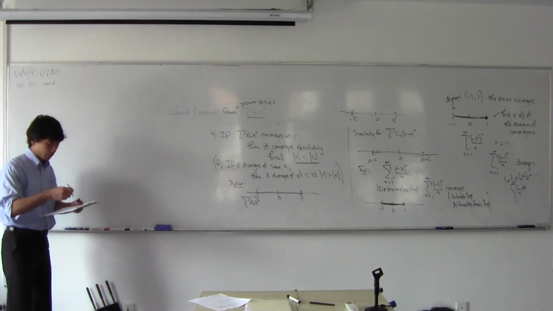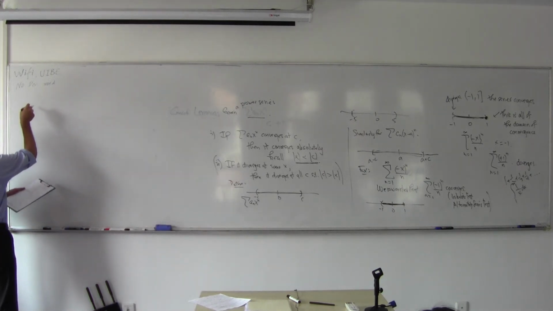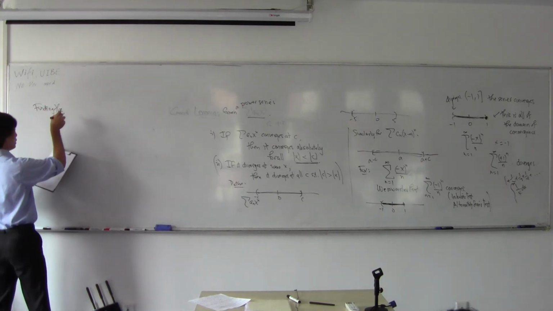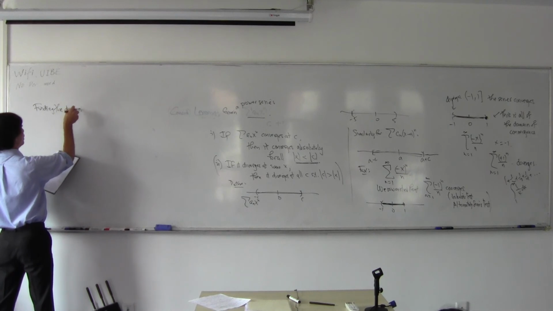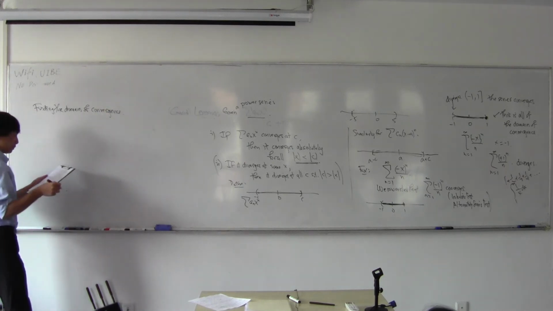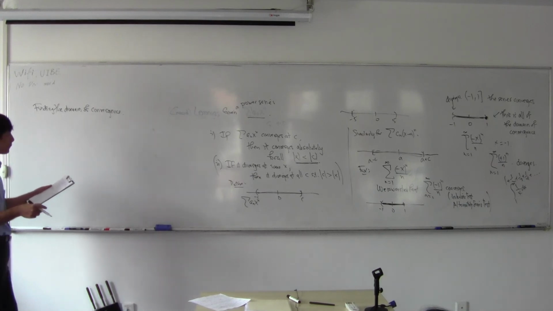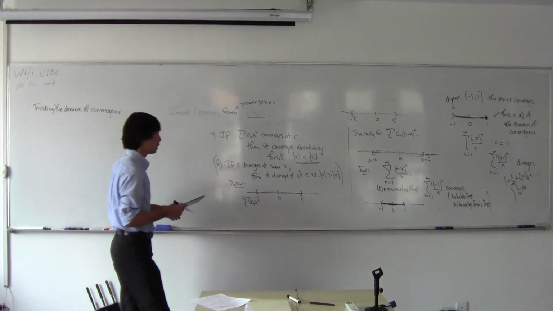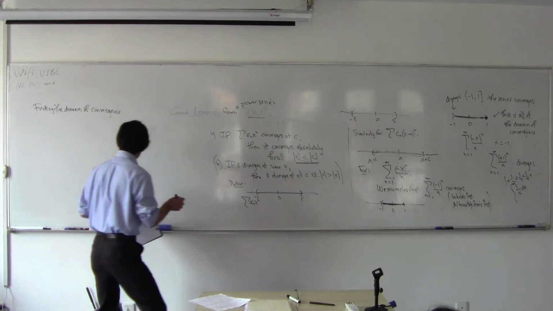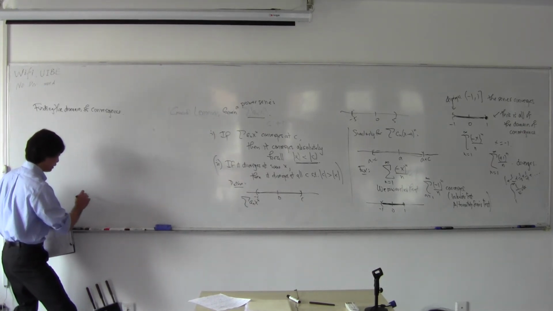Okay, let's do another example. The game that we're going to play right now is called finding the domain of convergence. Actually, I forgot to say one thing down here.